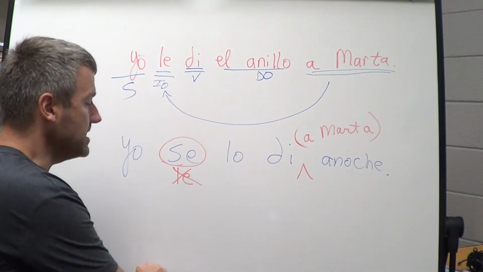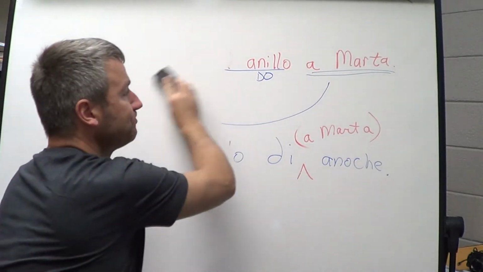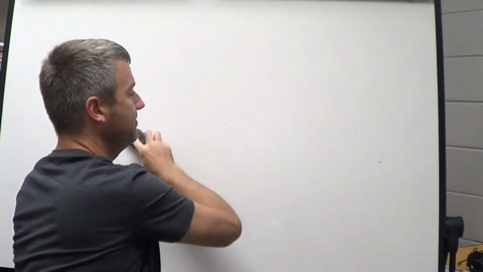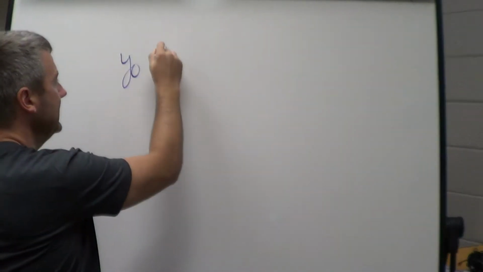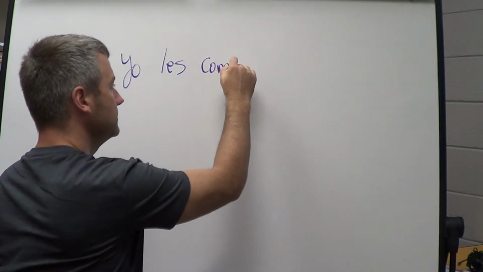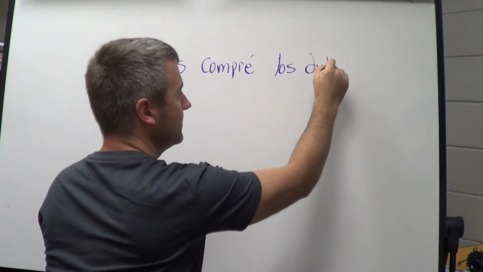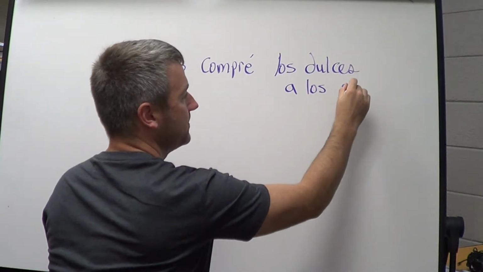Okay? Let's say that I want to give something to a plural group of people. Alright? Well, watch this. I could say, yo les compré los dulces a los niños.